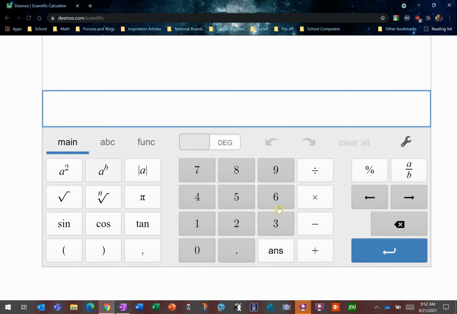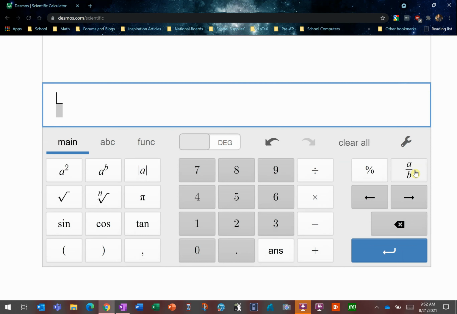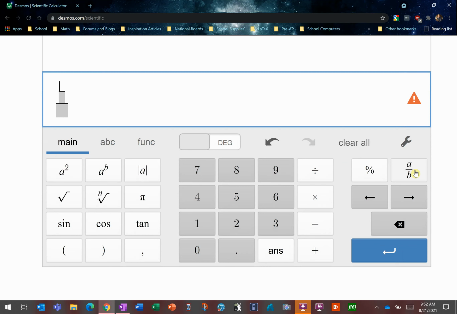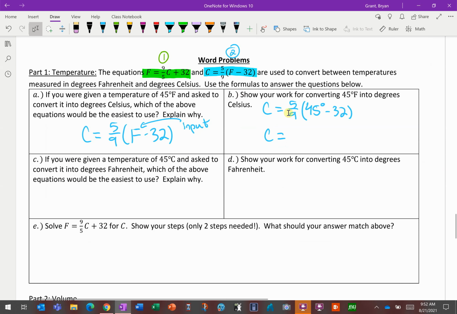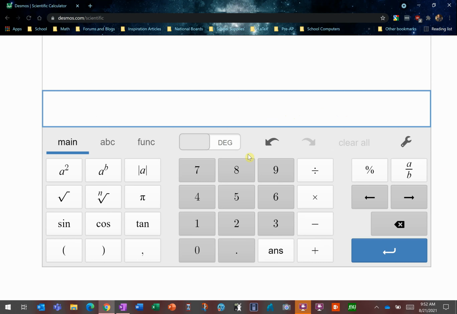The reason that I like the Desmos Scientific Calculator and the graphing one is I think it handles fractions really, really nicely. For example, there are two ways I can do a fraction. I can click the fraction button, which is nice. Or if you didn't want to do the fraction button, I could say, well, I want the fraction 5/9, and we need to remember that fractions are just a fancy way to write division.